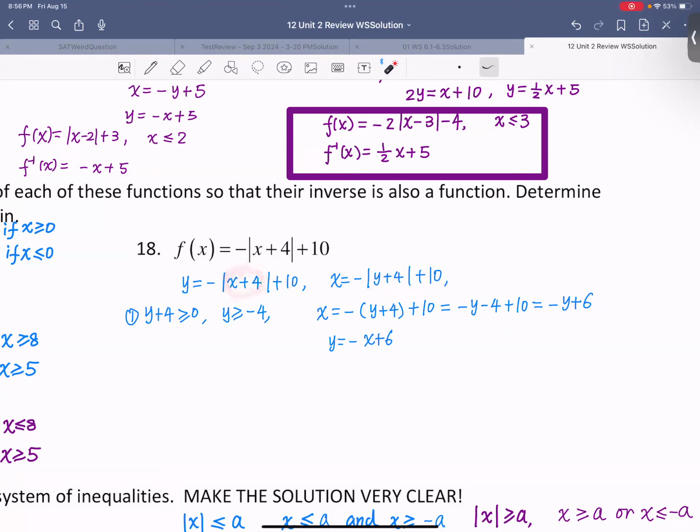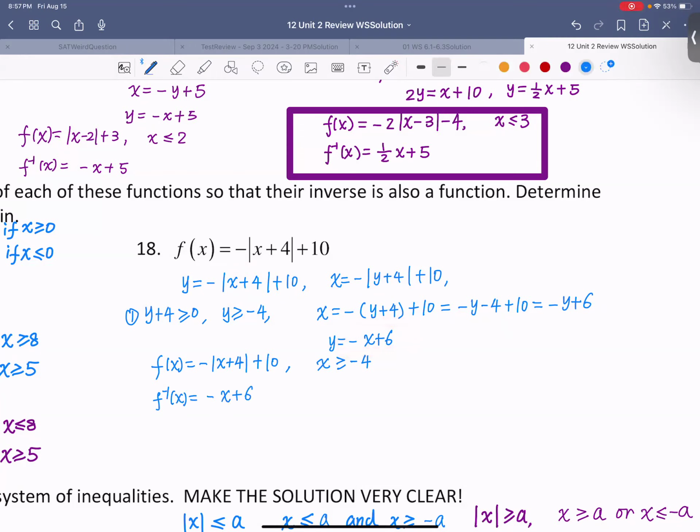So you copy down the original function. You put a comma. You put x what? Greater than or equal to negative 4, right? And then you can put f inverse equals to that, correct?